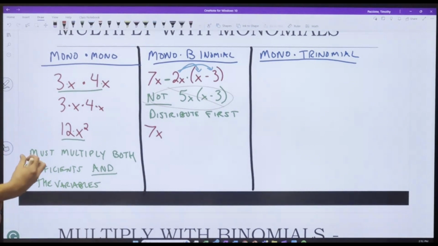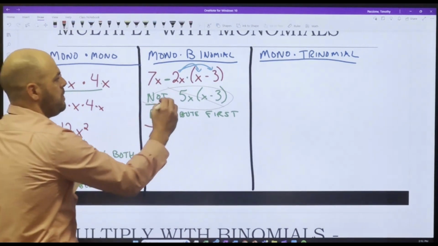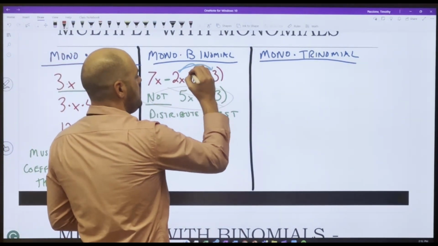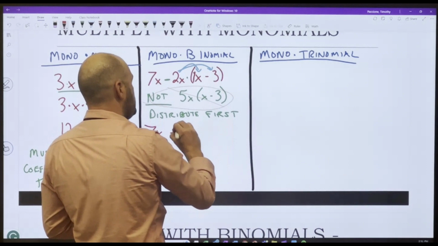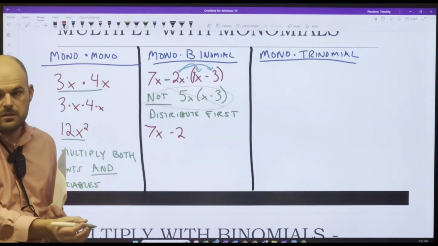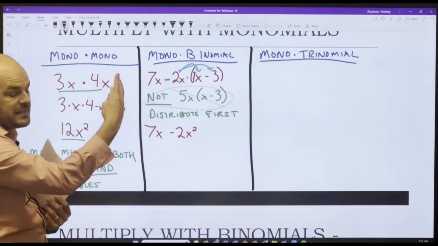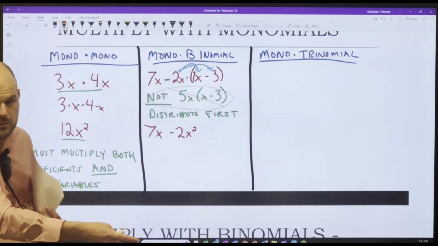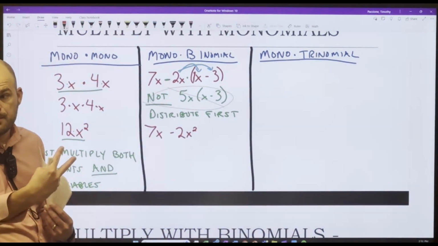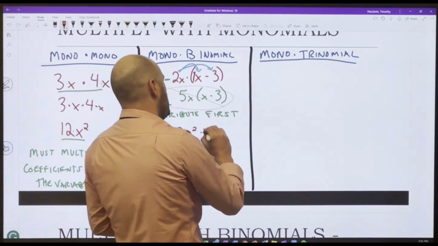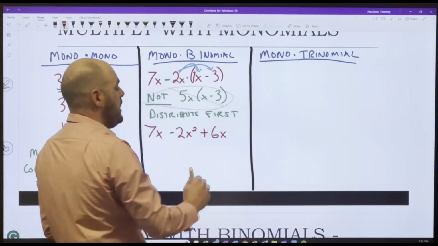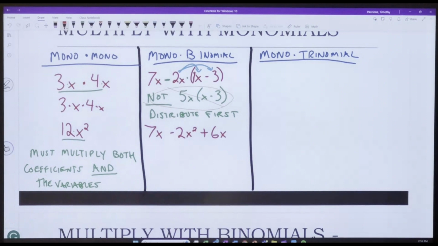We have to multiply the coefficients and then multiply the variables. What's the coefficient in front of the x? 1, right? So there's a little 1 here. Negative 2 times 1 is negative 2. X times x is x squared. And then I have negative 2x times negative 3. Negative times a negative is a positive. And it's 6x. Okay?